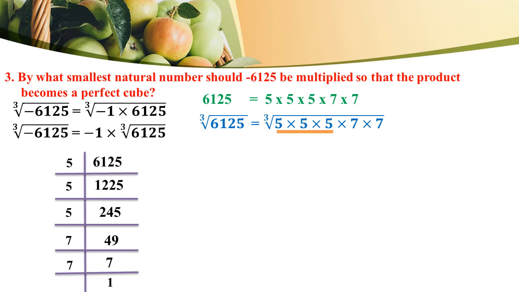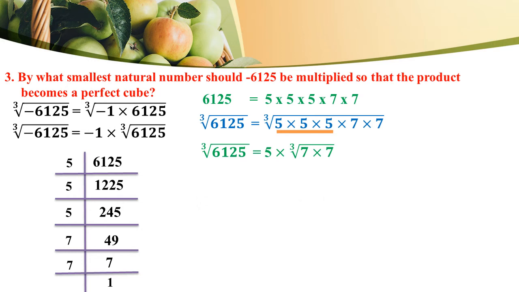Then make groups of 3 with similar factors. Then take one factor from the group. So, cube root of 6125 equals 5 into cube root of 7 into 7.